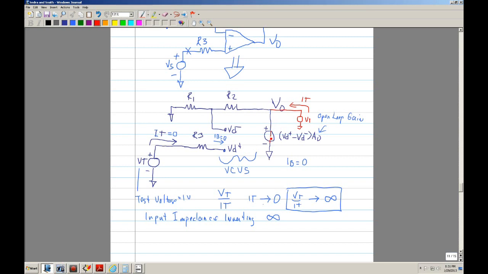Since it's shorted, by inspection you can see that VT over IT, the output impedance, is equal to 0 ohms. Okay, so we got that. Here's the input, and here's the output.